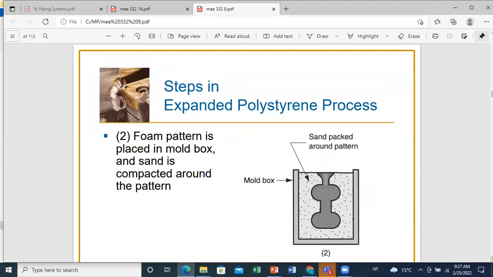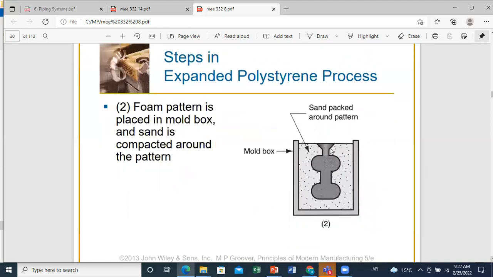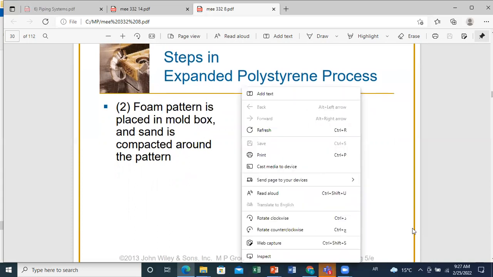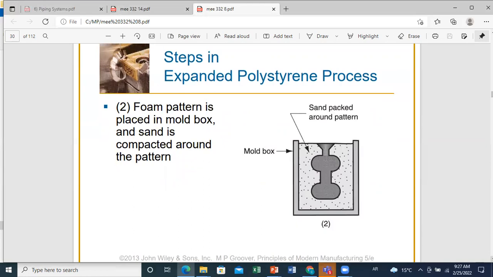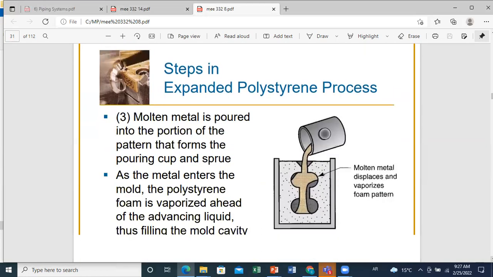Now, next step, the foam pattern will be placed in a mold box, and sand is compacted around the pattern. And now, when you pour your metal within your cavity, look what will happen. Molten metal will be poured into the portion of the pattern that forms the pouring cup and sprue. As the metal enters the mold, the polystyrene foam is vaporized ahead, and the advancing liquid will fill the mold cavity.